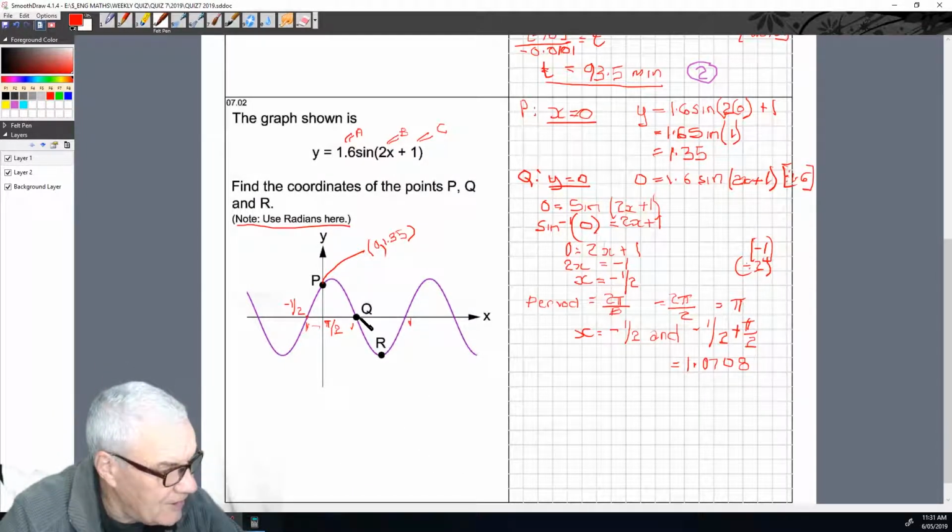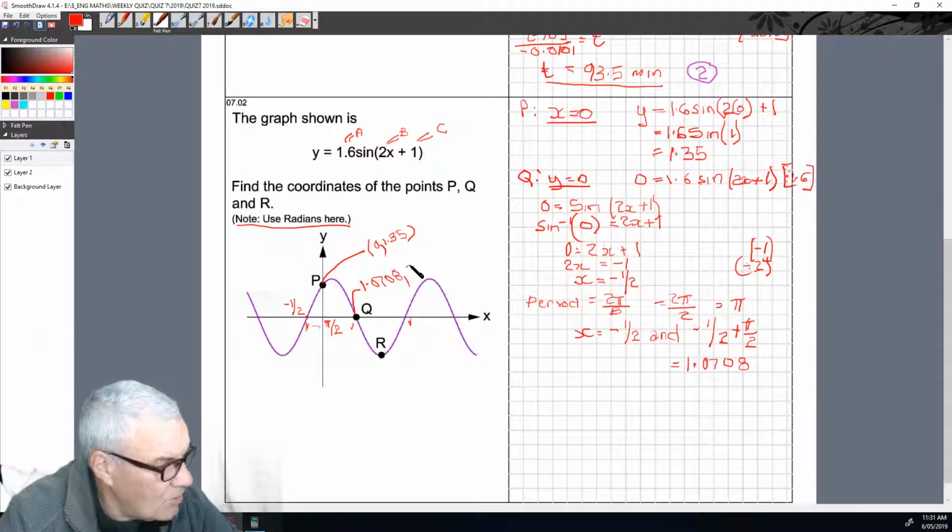So this point here is going to be 1.0708, 0.